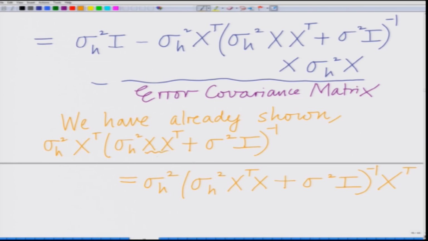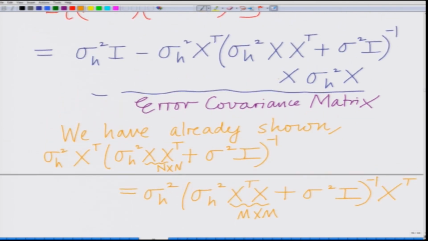And remember, X X transpose is an N cross N matrix, while X transpose X is an M cross M matrix. This is the result that we have already shown. Now, if you call this part, sigma h square X transpose times the inverse of (sigma h square X X transpose plus sigma square identity), as star, this is exactly your star.